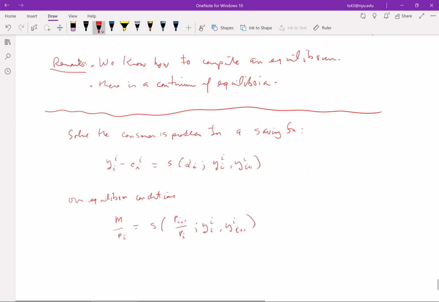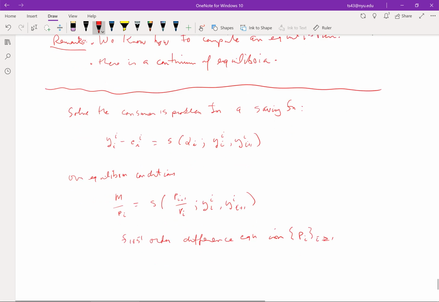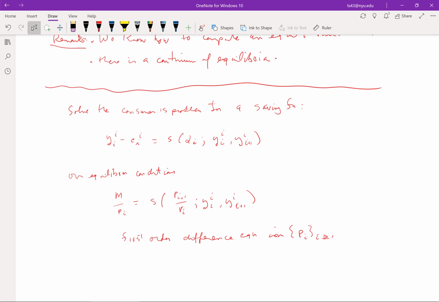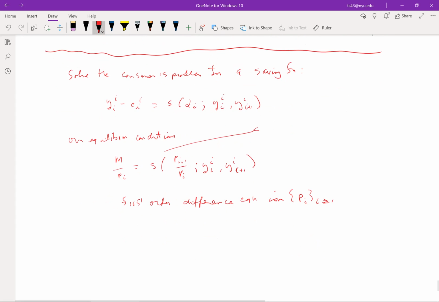So this is going to be a first order difference equation in P_t, t greater than or equal to 1. That's how we're going to treat this. So we're going to write down some preferences for which we can calculate the saving function easily, so that we can get somewhere by solving this by hand.